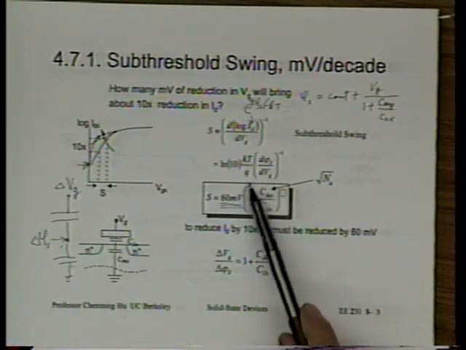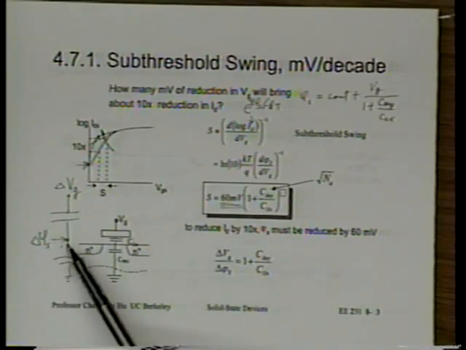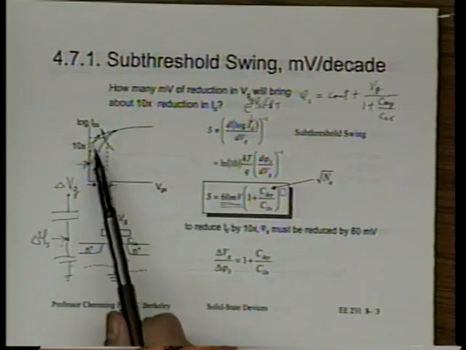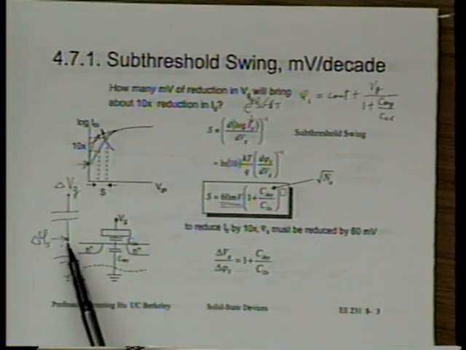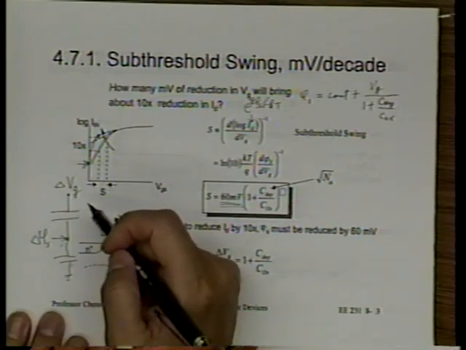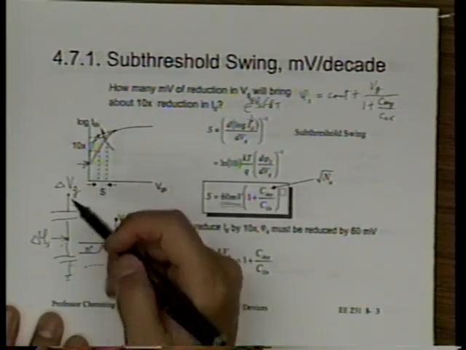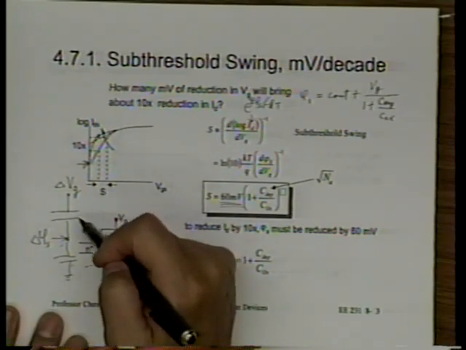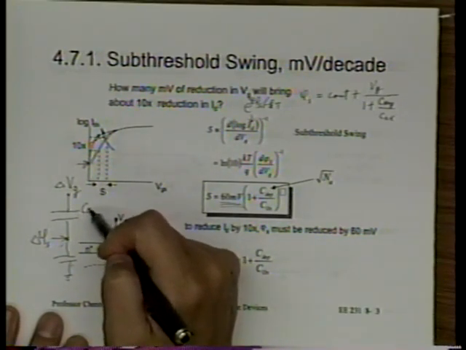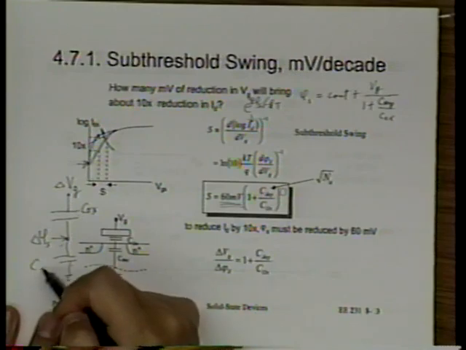And it's larger by that factor because of this voltage divider. What that means is that in order for the current to be very sensitive to VG, we want phi s to be very sensitive to VG. In order for phi s to be sensitive to VG, we need to do one and or both of the following two things. That is, make Cox very large or make C depletion very small.